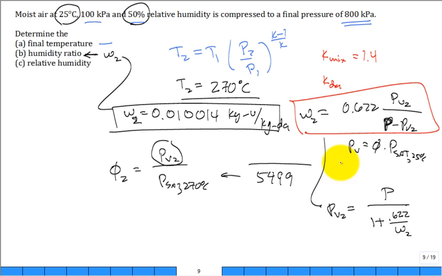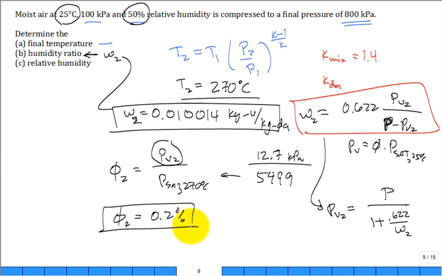It's just algebra. But have you done that algebra? Does this equation look familiar? Yeah, if you solve some of the homework problems. Struggle with it. So you can actually calculate the vapor pressure at state 2. It's 12.7 kilopascal. The ridiculously low relative humidity is 0.2 something percent. Relative humidity is almost 0.